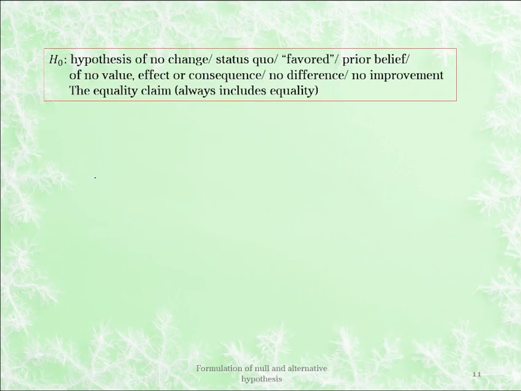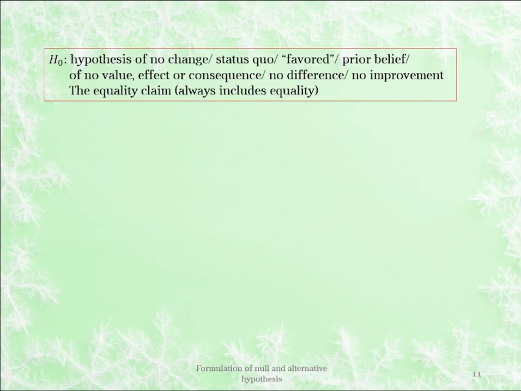So to wrap up the definition of the null and the alternative, we have the null hypothesis, which is also often called the hypothesis of no change, or the status quo, or the favored hypothesis, or prior belief. There's also the hypothesis of no value, effect, or consequence, the hypothesis of no difference, of no improvement, and like we said, there's always an equality.